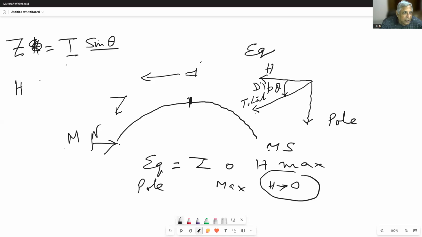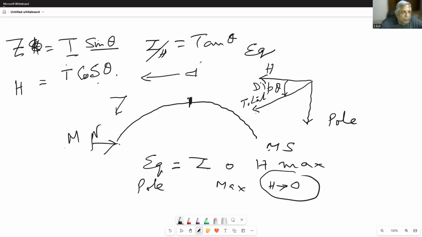Similarly, H starts decreasing as you go towards the pole and varies as cosine theta. At any other latitude, it will be T cosine theta. Theta is the angle of dip, and the value of Z by H is equal to tan dip.